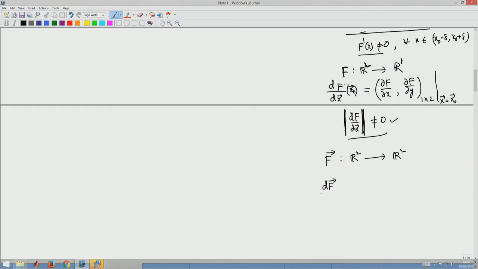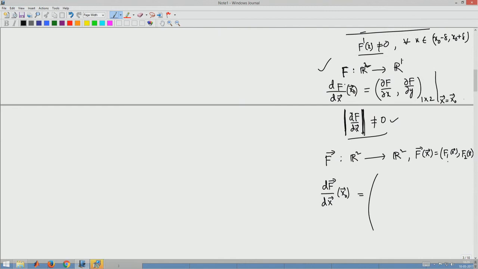df bar by dx bar at x naught, this is actually equal to, now what is my f bar? F bar of x bar is equal to, let us say, f1 of x bar, like the earlier function, and similarly f2 of x bar.